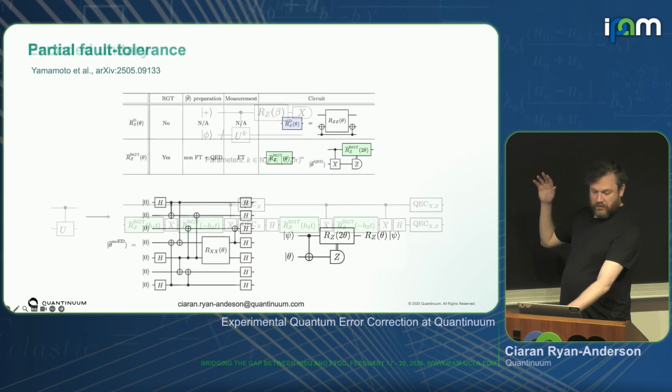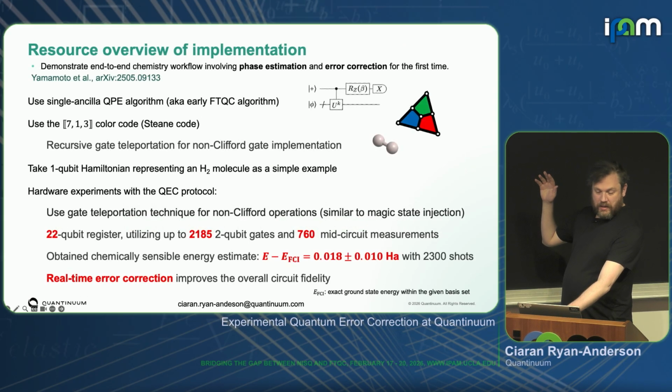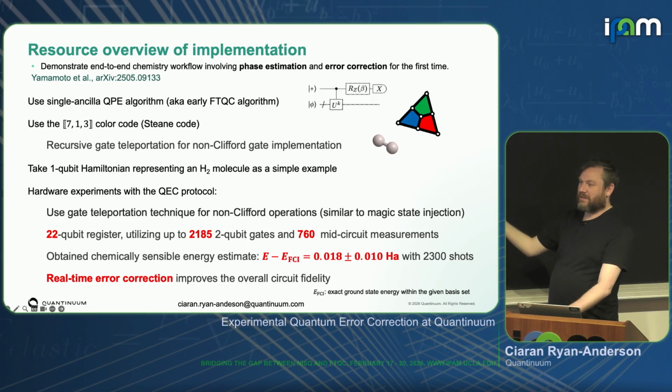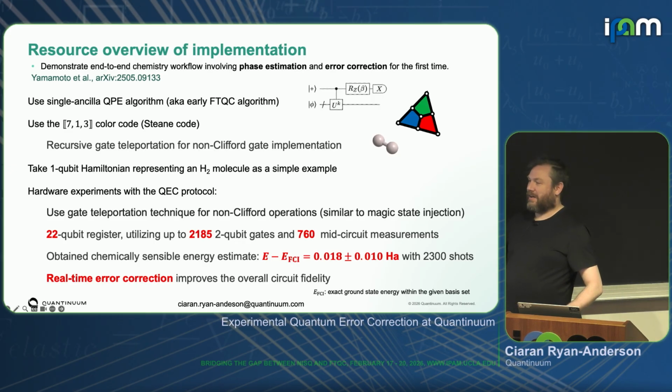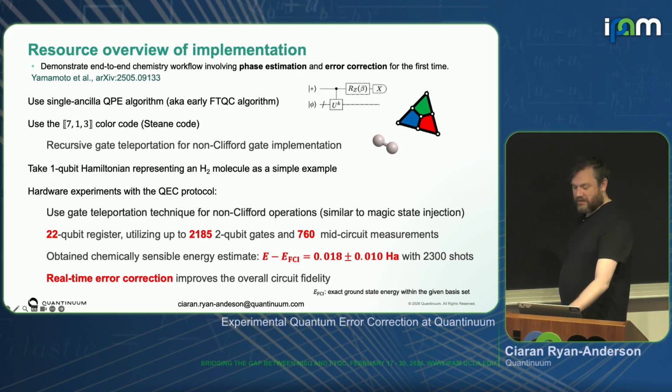And we were able to get the actual value within 0.01 Hartree, which I'm told is somewhat chemically relevant. So you can start saying things, even though this is a well known thing. It's a proof of principle that we can start doing these sorts of experiments on the logical level, and then we'll keep on pushing on it.